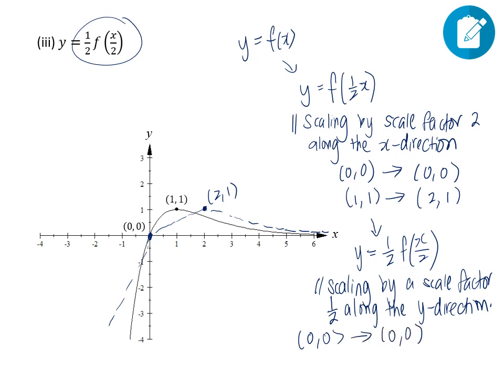So what this also really means is that we are going to multiply the y coordinate by half, and for the origin it doesn't change, but for our coordinate maximum turning point, which is now 2, 1, I'm going to multiply the y coordinate by half, so it is going to be transformed in this manner.